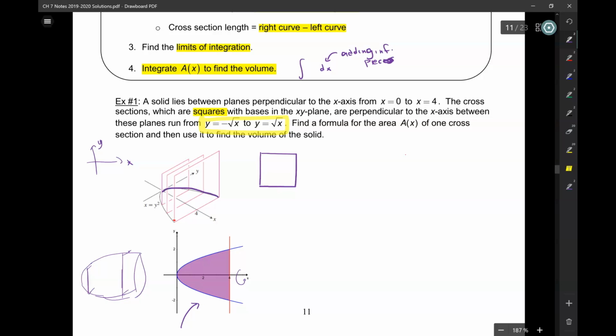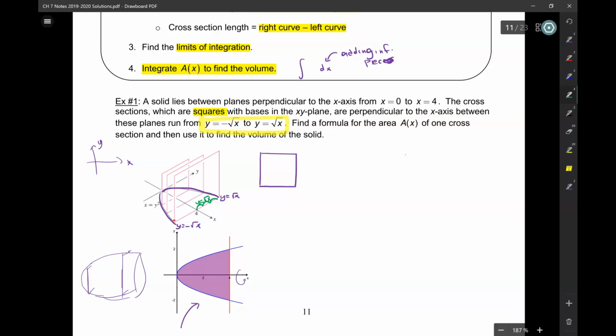This is y equals root x, and this is y equals negative root x. Is that right? So now, the distance from here to here is y, so that distance is root x.